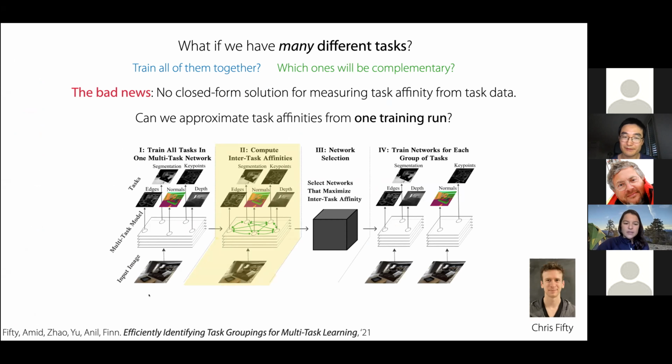Another thing that we found is that it also depends on things like the hyperparameters of the network, for example the hyperparameters of the optimization run, like the learning rate. This isn't something that you would necessarily think should affect task affinity, but we did a quantitative analysis on whether changing the learning rate changes which tasks you should train together, and we found that it did.